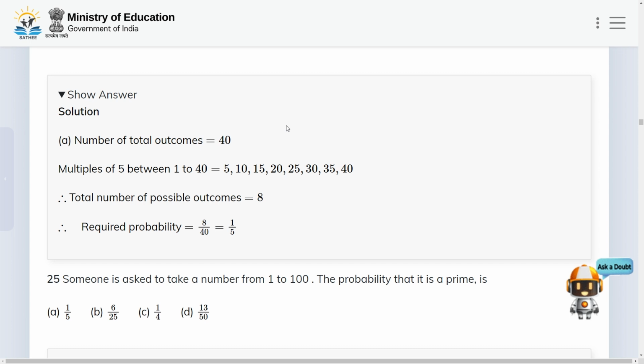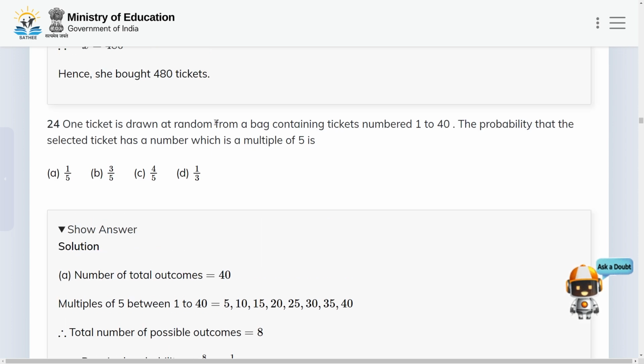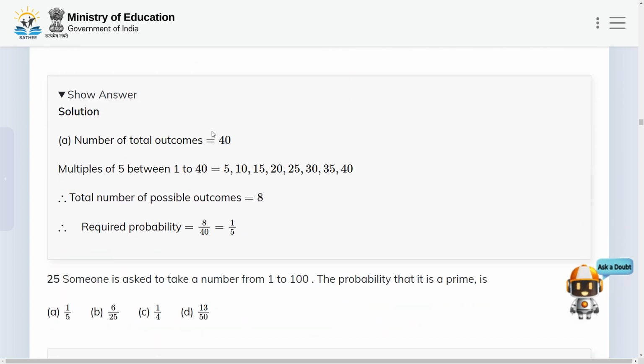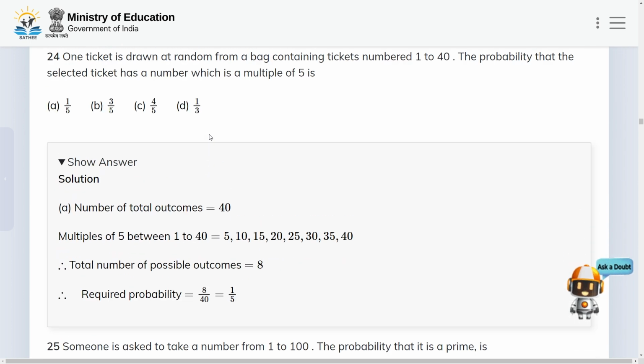Therefore the probability that the selected ticket has a number which is a multiple of 5 is number of favorable outcomes divided by number of total outcomes, that is equal to 8 by 40, which is equal to 1 by 5. So the required probability is 1 by 5, and the correct answer is option A.